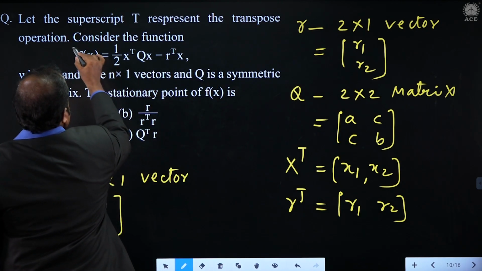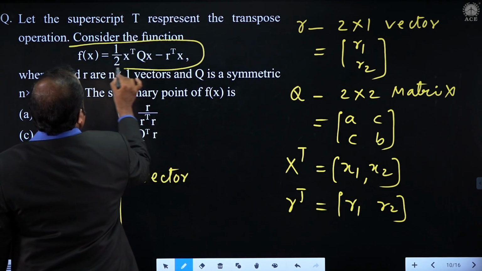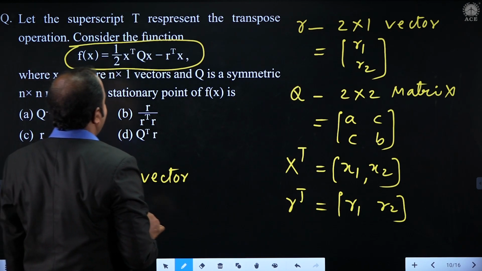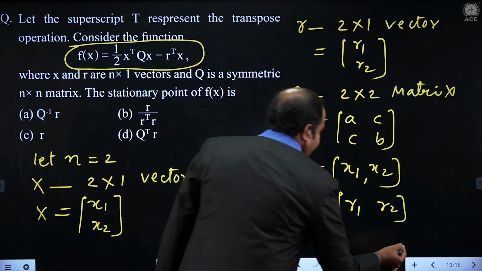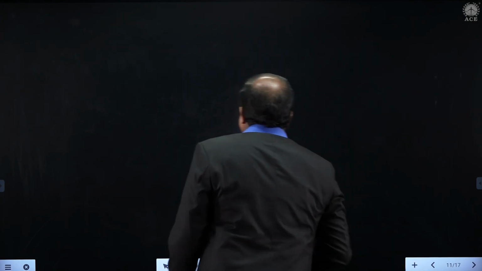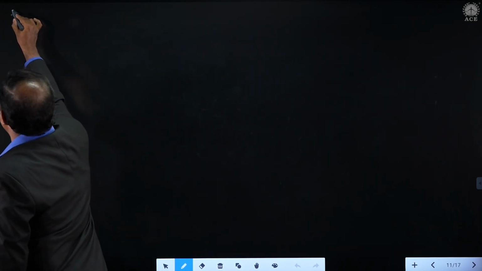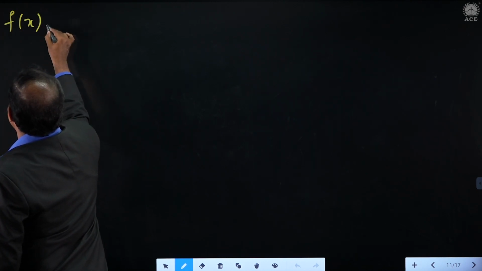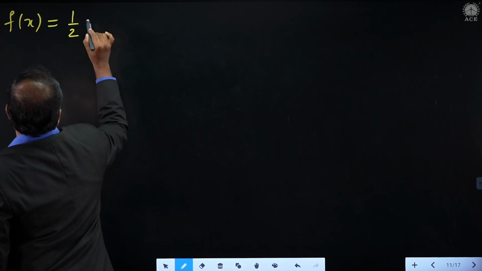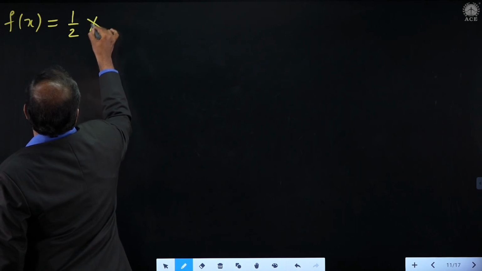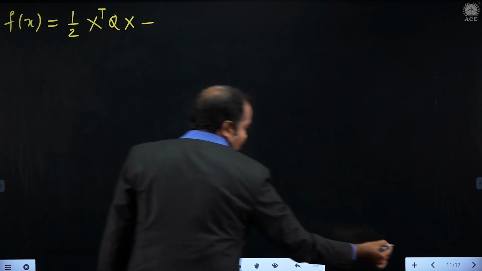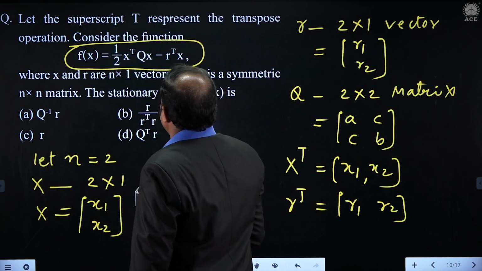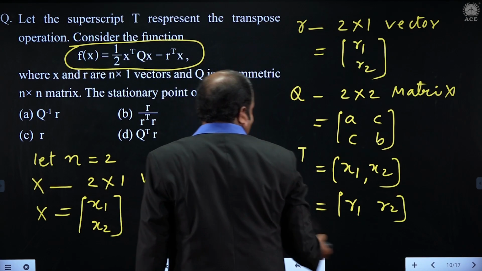So, this is the function f of x equal to half of x transpose Qx minus r transpose x, right. So, therefore, f of x equal to half of x transpose Qx minus what is the function? Minus r transpose x, right.